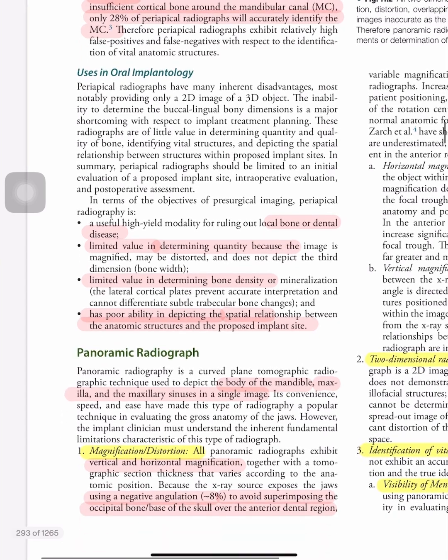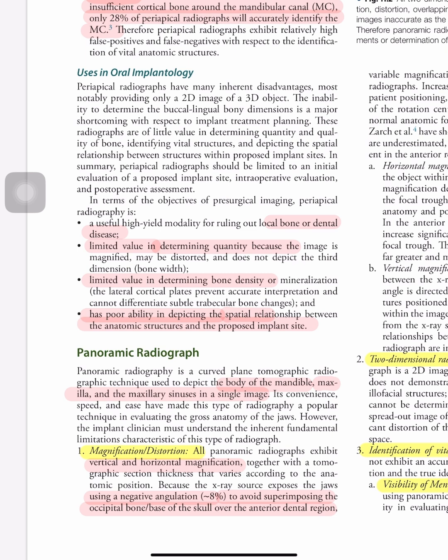So, what are the uses of IOPAR in oral implantology? As I said, for initial investigation, you get to know the bone height and all. You get to know if there is any pathology or if there is any root stump left or not.